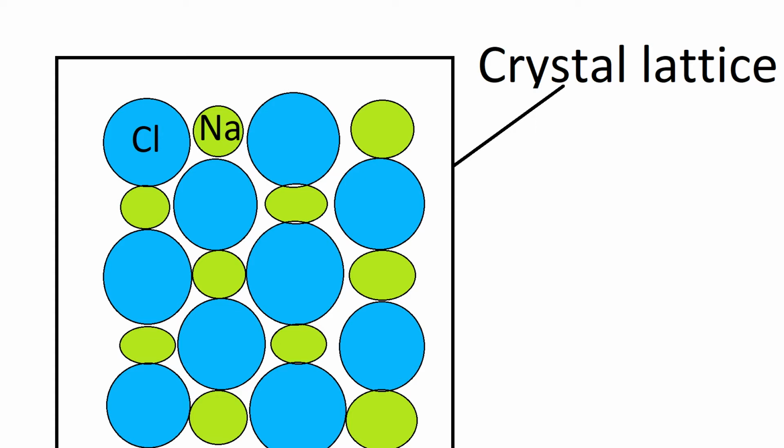Each atom, depending on its charge, gets surrounded by oppositely charged atoms. If you look at, let's say, chlorine, the big blue one, it's surrounded by sodium because sodium is the opposite charge of chlorine.